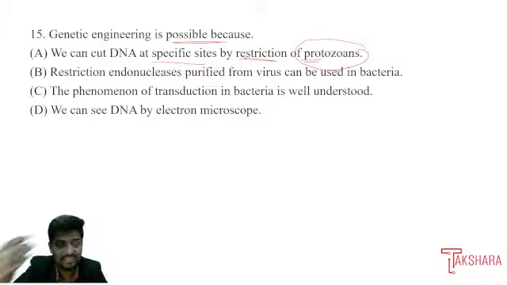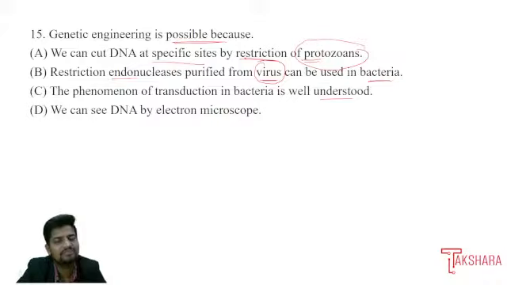And if you take the second one, the restriction endonuclease, that enzyme is purified from the viruses, can be used in the bacteria. So here purification, virus is given. And the phenomenon of transduction of bacteria is well understood, it is given. And the next one, we can see the DNA by electron microscope, it is given.